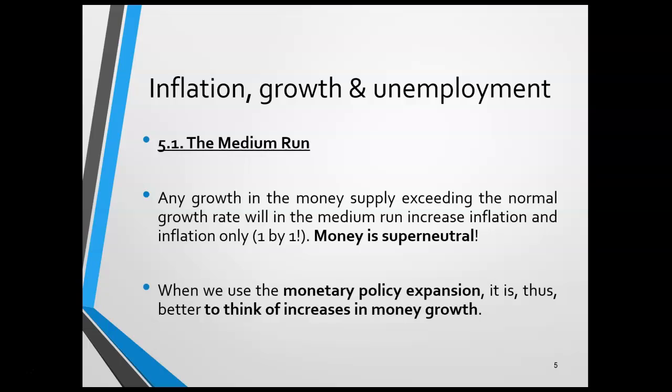Only increases in money growth, that is the change in money, that are A, in excess of potential growth, and B, pass on an actual stimulus to aggregate demand, will cause inflation. And in the medium run, it will cause inflation alone.